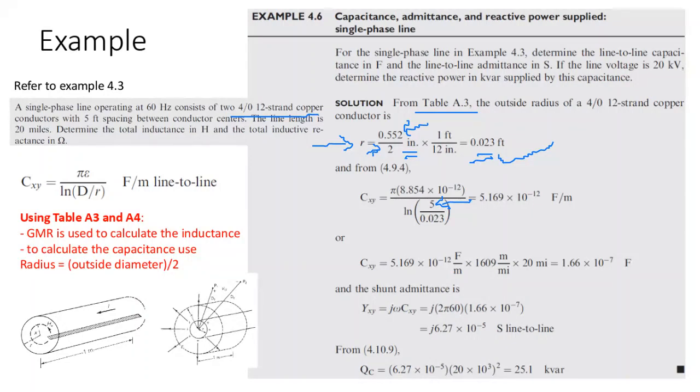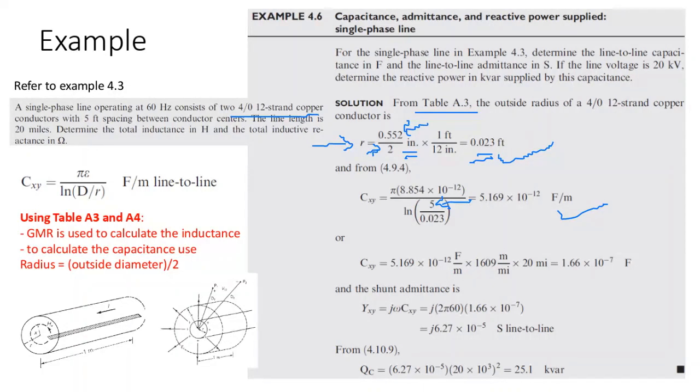Therefore, you will put 5, the geometric mean distance between the two conductors. This is a single phase. Between conductor X and conductor Y, the distance is 5 feet. Therefore, simply you will get CXY, line to line.